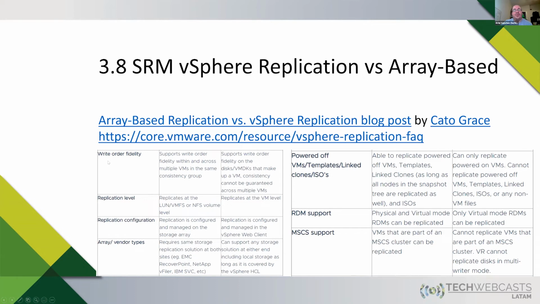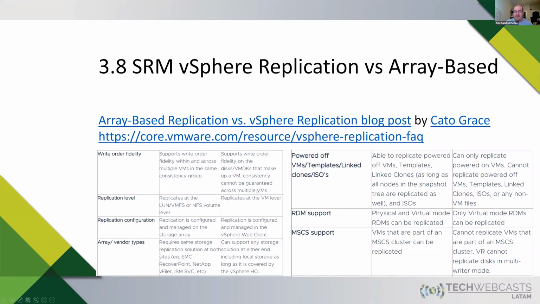So one thing that's important to understand is write order fidelity. When you're doing array-based replication, and that will be the left column, you can actually say we have write order fidelity in this consistency group. Whereas vSphere Replication will only guarantee that within the VM disks inside a particular VM, but it cannot guarantee that across multiple VMs.